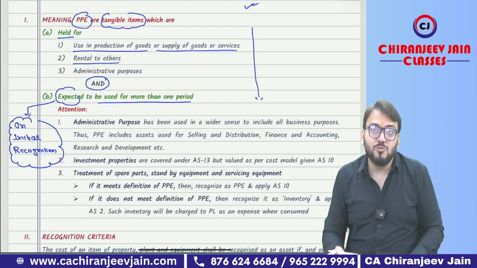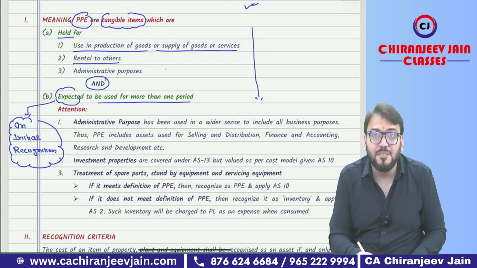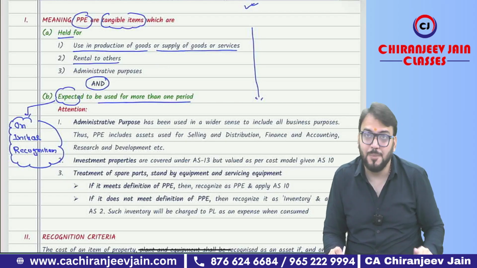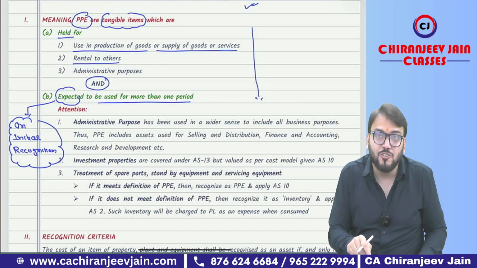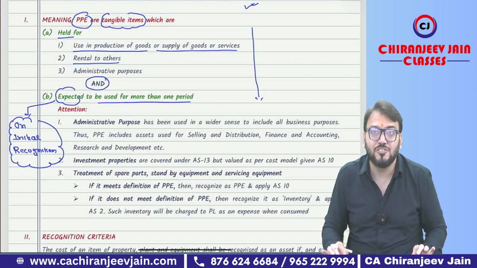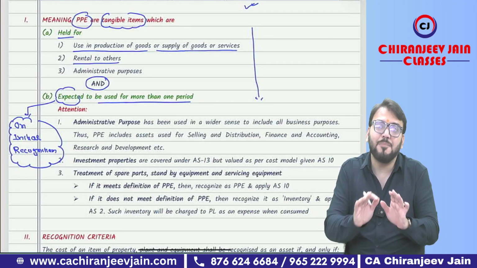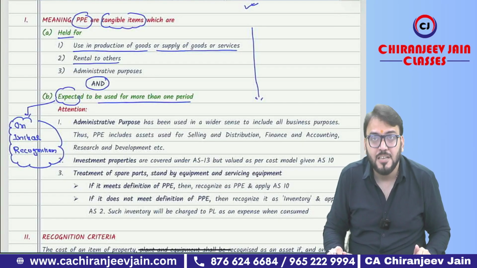One doubt will come, sir. You said admin purpose, but nowhere is it mentioned marketing purpose, accounting purpose, research and development purpose. For example, there are some items which you use for research and development purpose. Will that item meet the definition of property, plant and equipment? Yes, that will also meet the definition of PPE, because AS10 has given one clarification that administrative purpose is a wider term used in this particular definition.